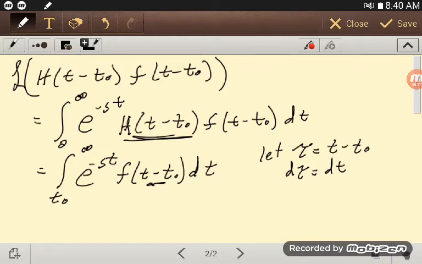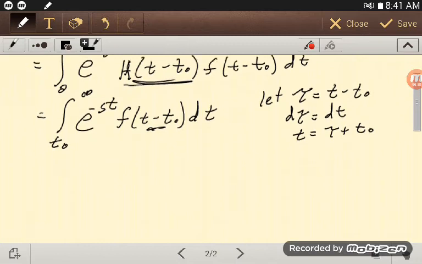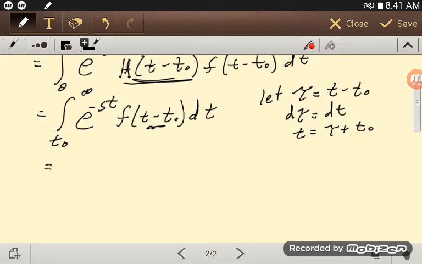And now to help me out in some other ways, I'm going to have to substitute for t itself. While solving for t itself, I have t equals tau plus t0. Okay, so I have that. And so now if I substitute those things in, well, we have the integral.